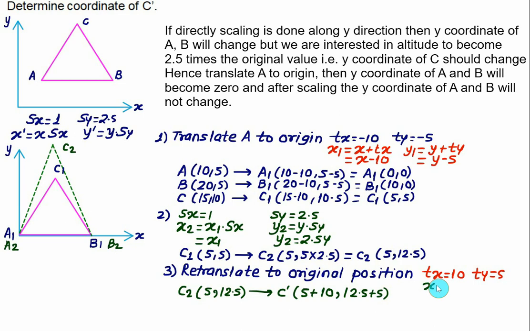We have x prime equal to x2 plus tx, and y prime equal to y2 plus ty. So 5 plus 10 is 15, and 12.5 plus 5 is 17.5. The x coordinate is not changed, but the y coordinate has been changed. So the final point will be 15, 17.5.